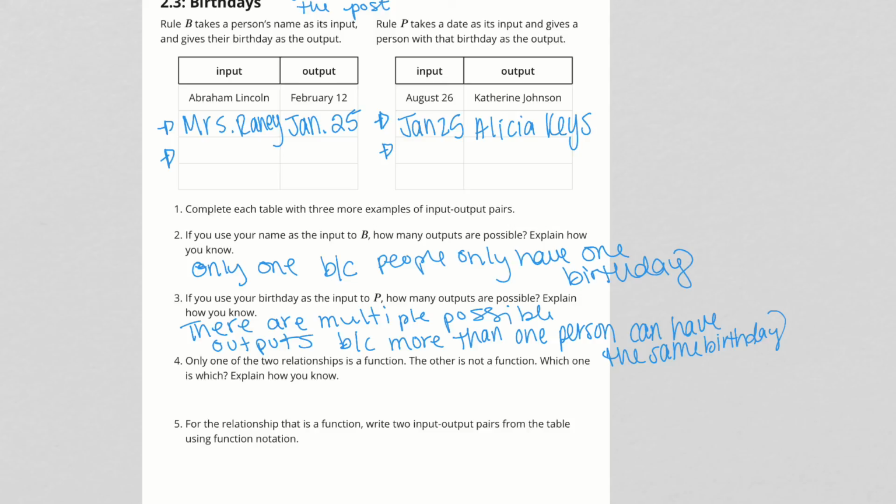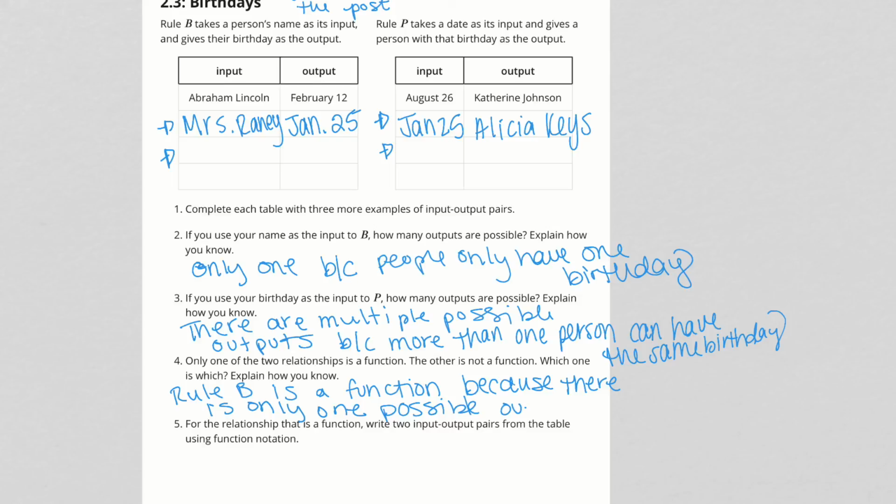So, we'll say rule B is a function because there is only one possible output per input.